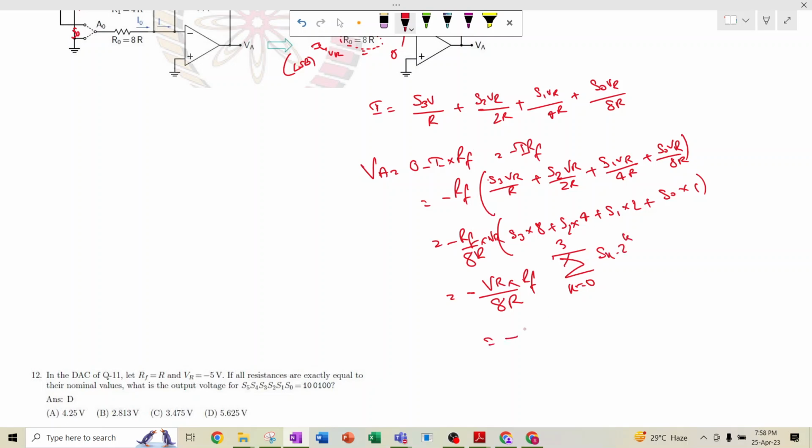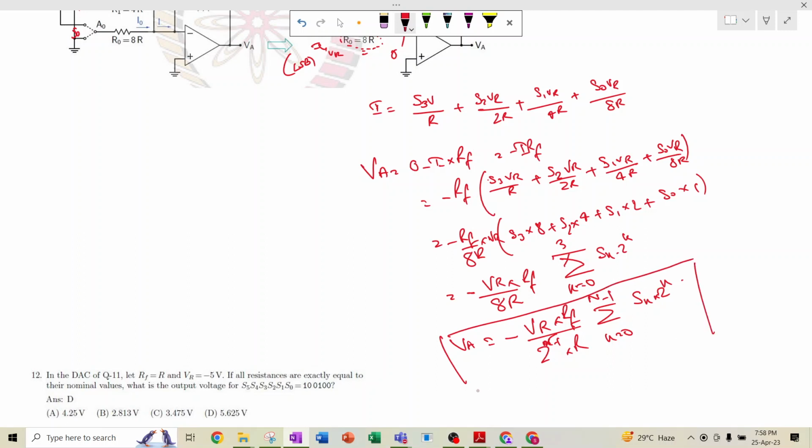Or in general, minus VR divided by 2 to the power n minus 1 into RF divided by R, summation of k equal to 0 to n minus 1 of Sk into 2 to the power k. So this is the value.